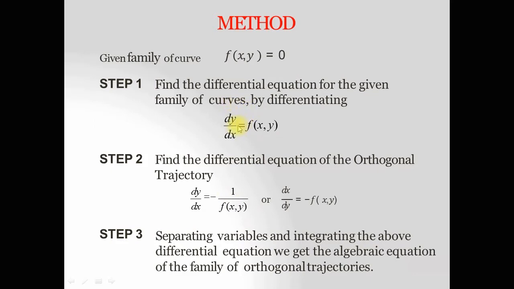First differentiate the given equation to get the slope of the tangent of the first family of curves, and then find the slope of the tangents of the orthogonal trajectories. When two tangents are perpendicular, their slopes are negative reciprocals.